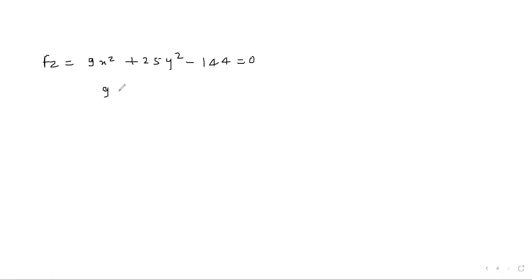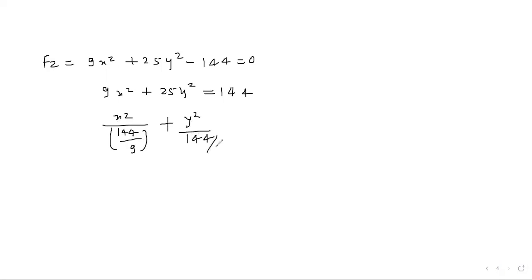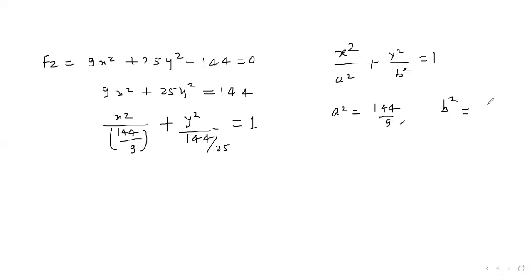Let's write it as 9x² + 25y² equal to 144. And then we convert it into the form x²/(144/9) + y²/(144/25) equal to 1. The equation of an ellipse is given by x²/a² + y²/b² equal to 1. So here a² is equal to 144 divided by 9 and b² equal to 144 divided by 25.